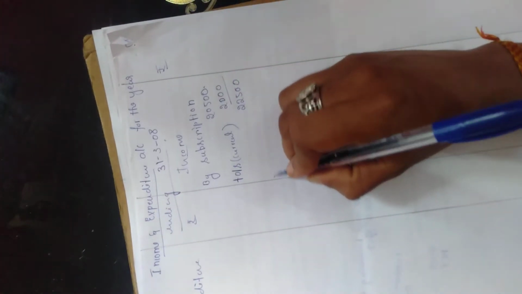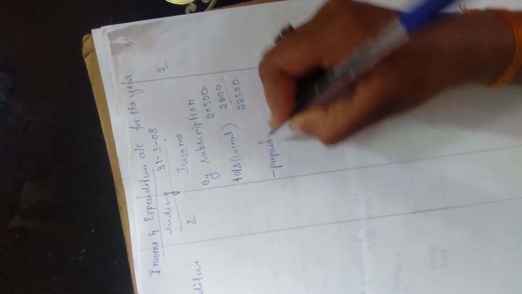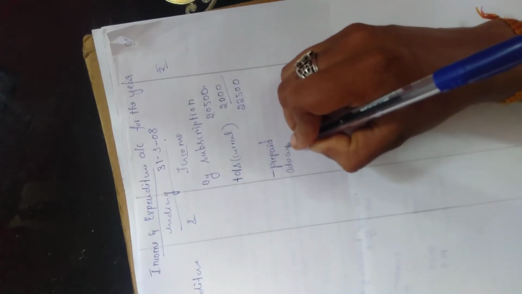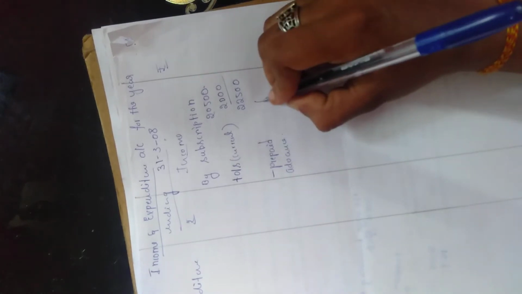So add 2,000 to 20,500. What is the amount? 22,500. Then there is a prepaid or advance payment of 1,500. So deduct this particular amount.